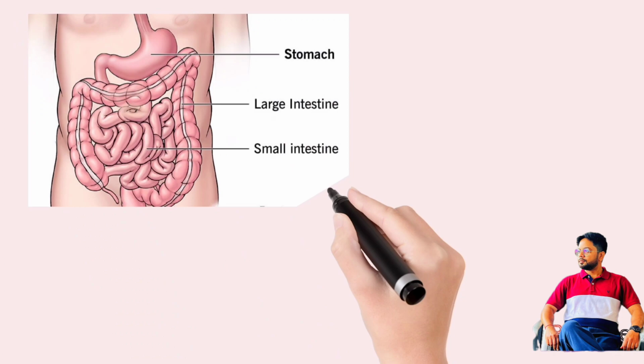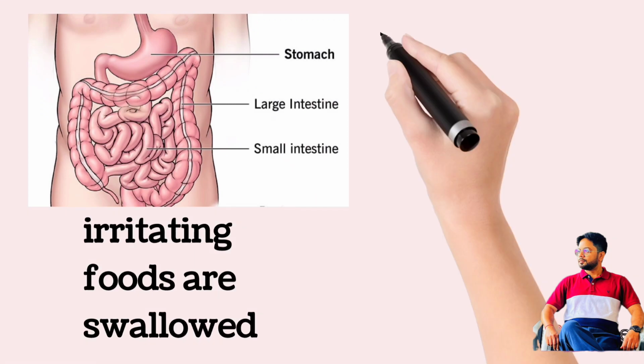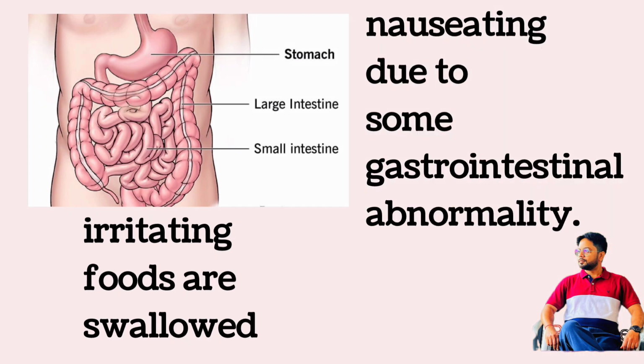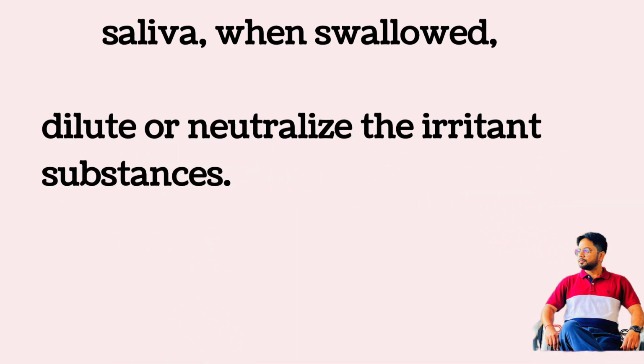Salivation also occurs in response to reflexes originating in the stomach or the upper small intestine, particularly when irritating foods are swallowed or when a person is nauseated because of some gastrointestinal abnormality. The saliva, when swallowed, helps to remove the irritating effect in the gastrointestinal tract by diluting or neutralizing the irritant substances.